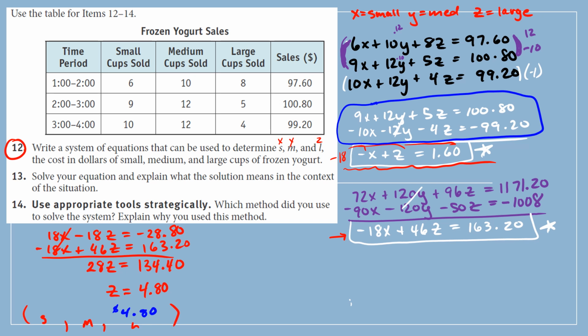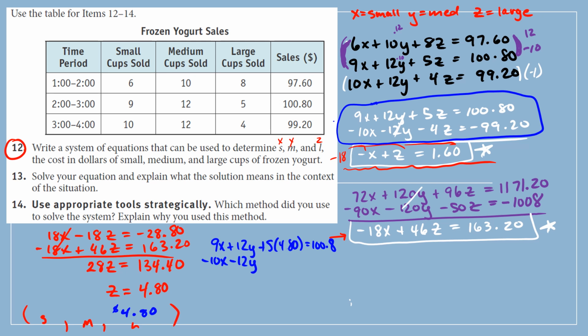So let's see here. So I would have 9x plus 12y plus 5 times 480 equals 180. Okay? And then I'd have negative 10x minus 12y.